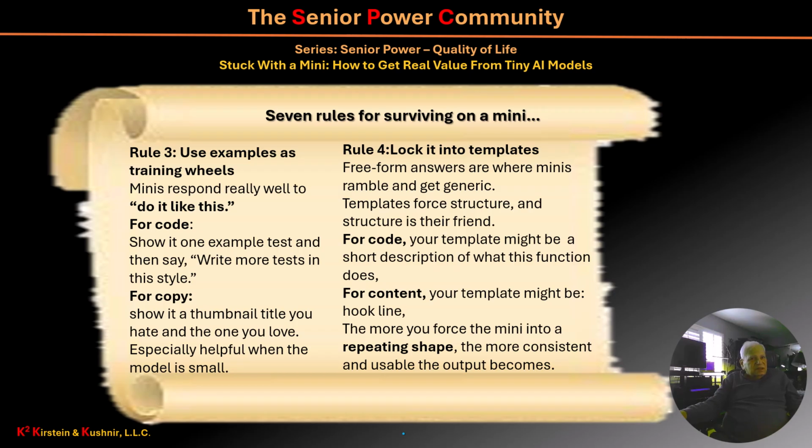For content, your template might be hook line, 3 supporting points, 1 sentence call to action. The more you force the mini into repeating shape, the more consistent and usable the output becomes.